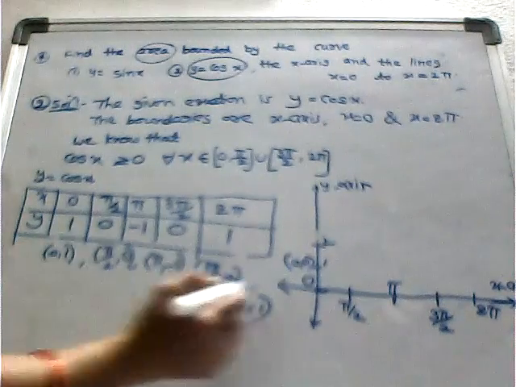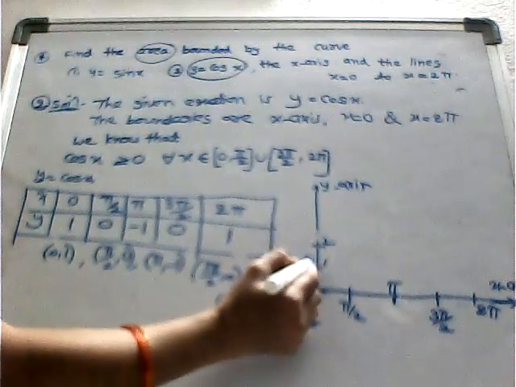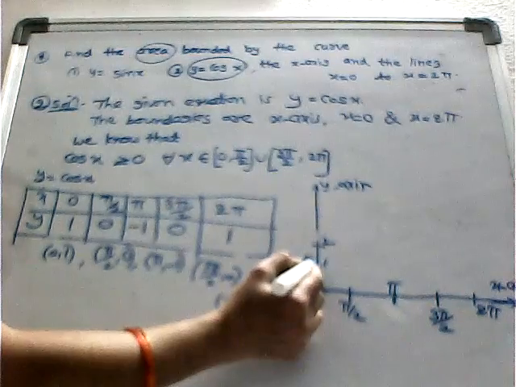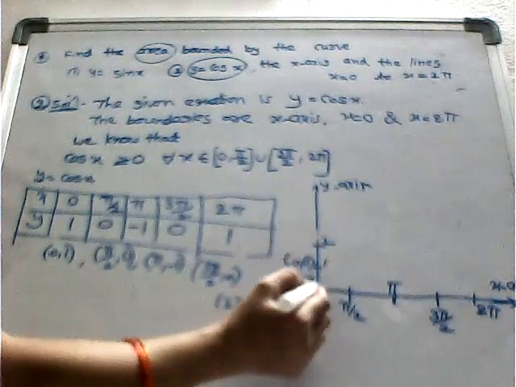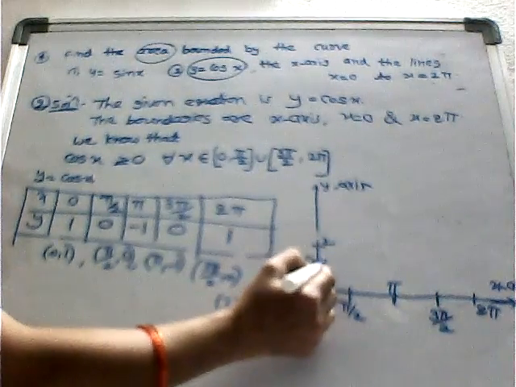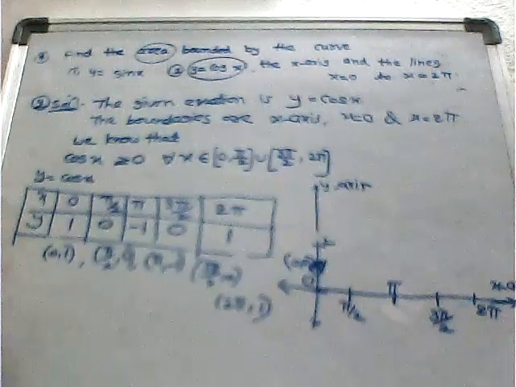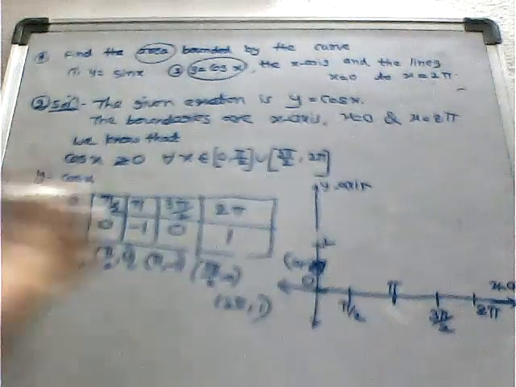The first point is 0, 1, and the y-axis is taken as 1. The coinciding point is this one.